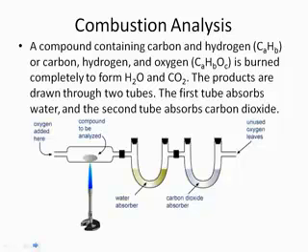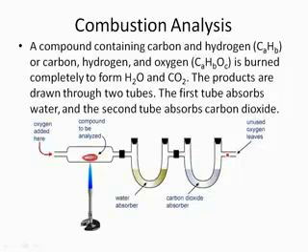Just to give you a little background, so you'll know where these values we're going to use come from, we have a substance, and they put it in a little chamber here. We're going to feed some oxygen into that chamber and burn the substance. The products of that reaction are going to be passed through a water absorber and a CO2 absorber.